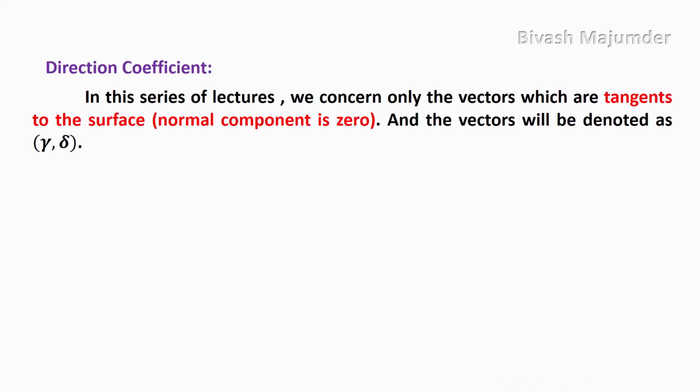in this series of lectures, we are concerned only with vectors which are tangent to the surface, that is, the normal component is 0. And the vectors will be denoted as a pair (gamma, delta).